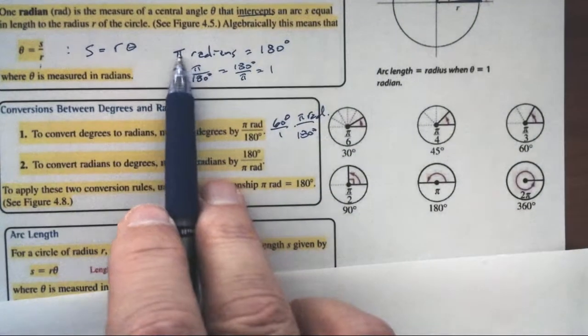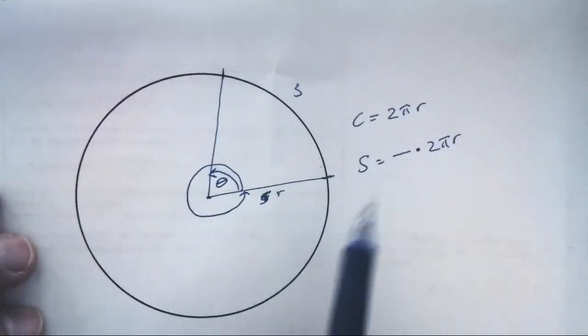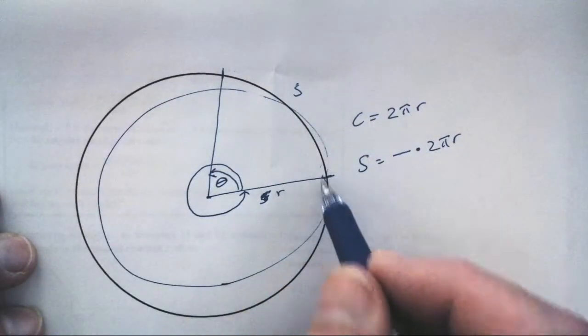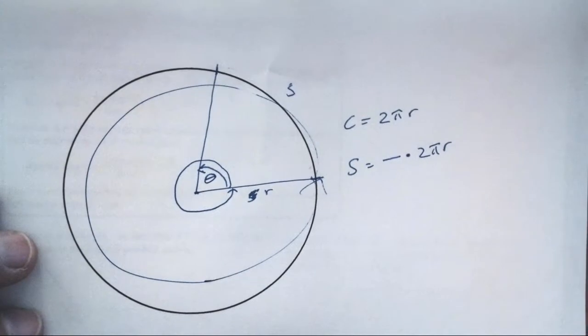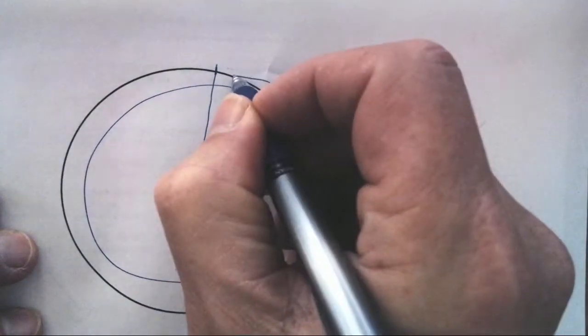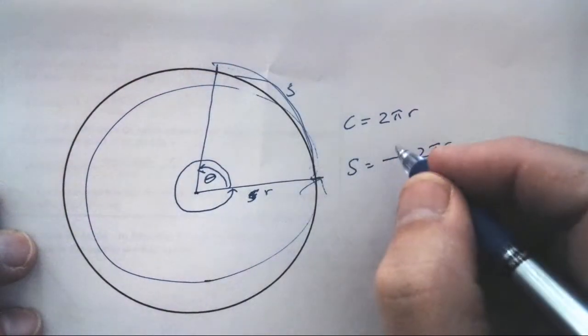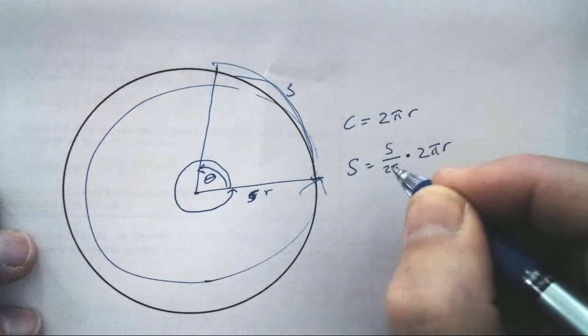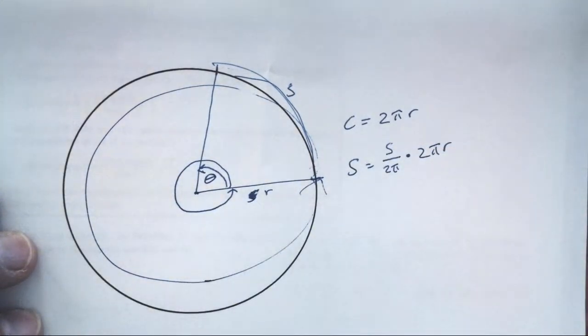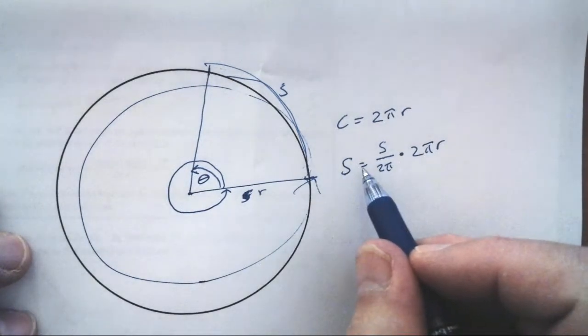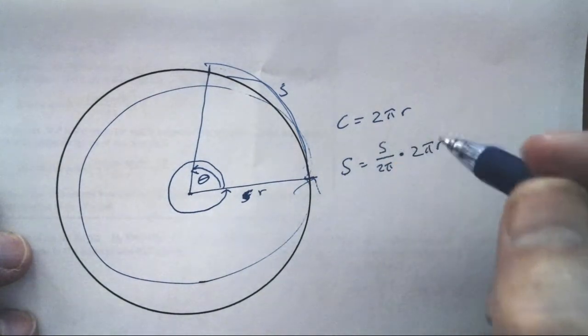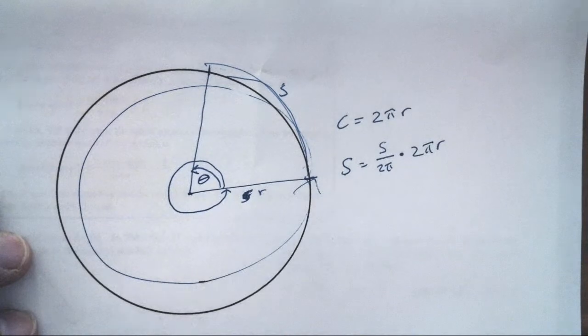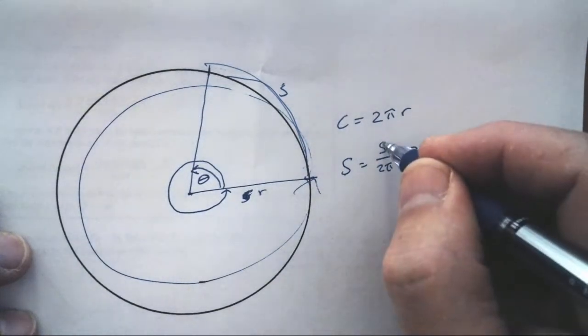We talked about pi radians being 180 degrees, so 2 pi gets us all the way around the circle. We only went around S. So this is S divided by 2 pi. In this case, maybe we'd have a radius of 1. So S equals, let's see, I'm sorry, not S, theta.